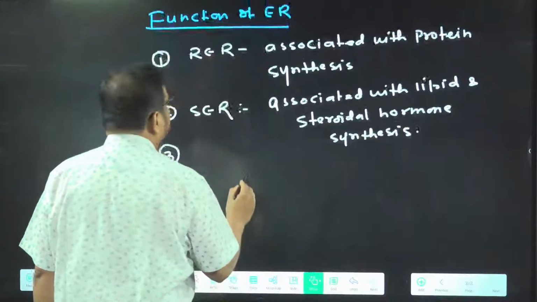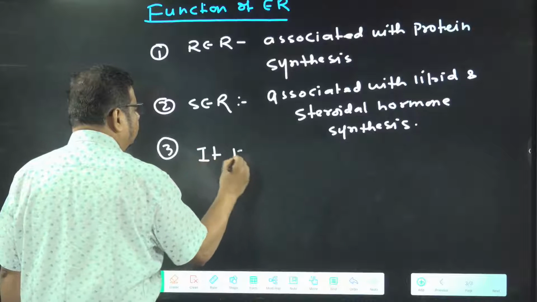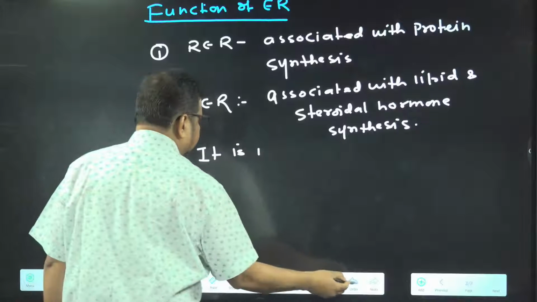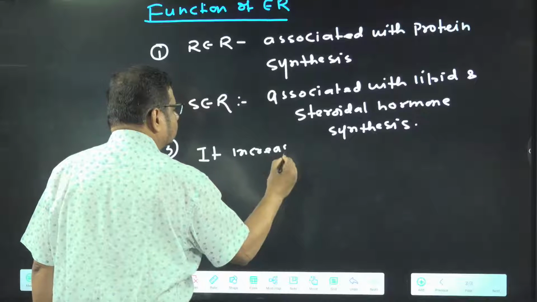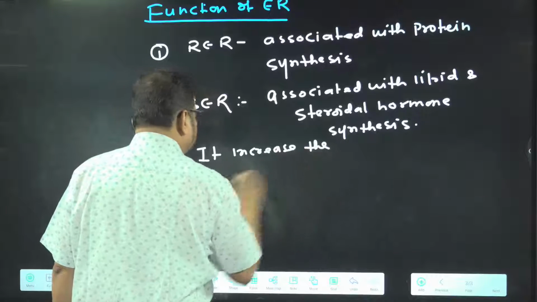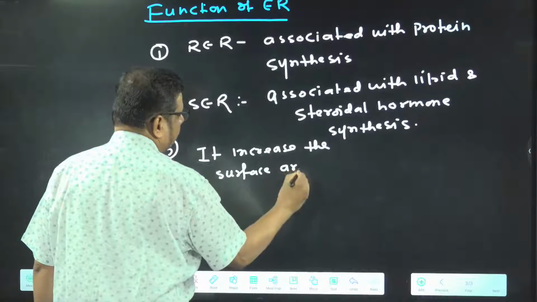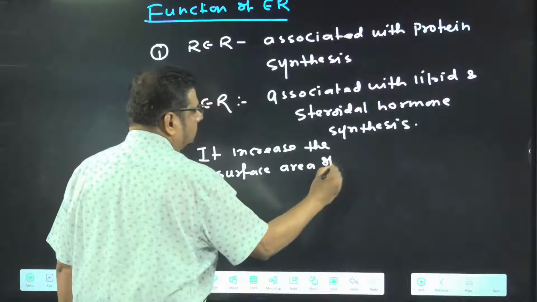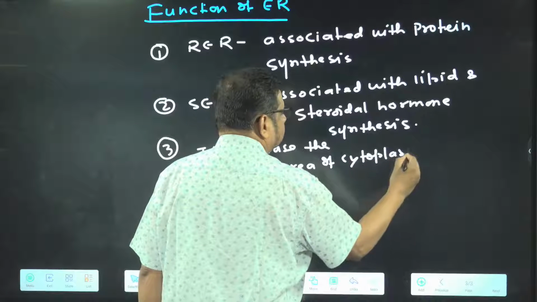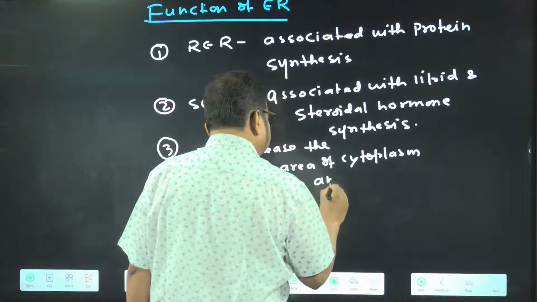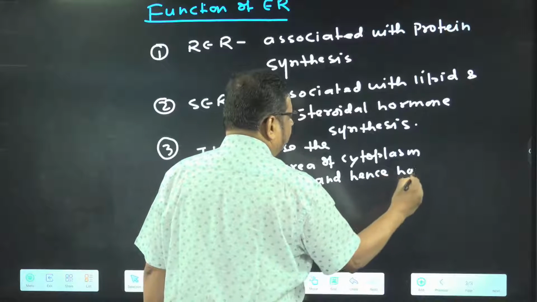Third function of ER, I am writing, it increases the surface area of cytoplasm and hence has a role in metabolism.